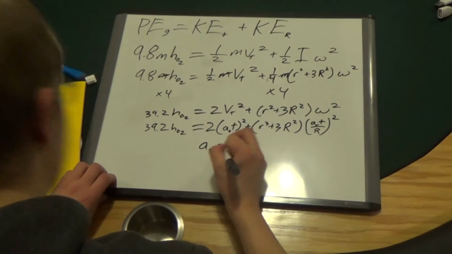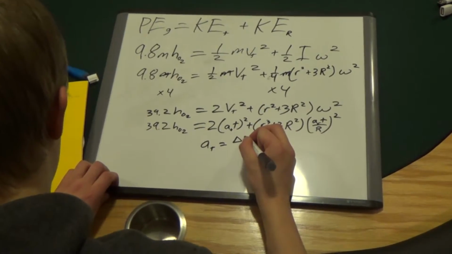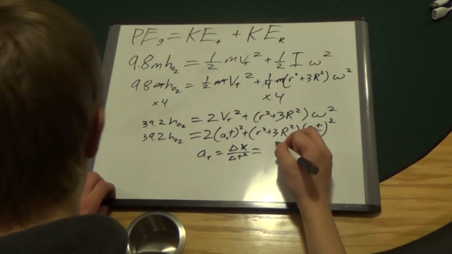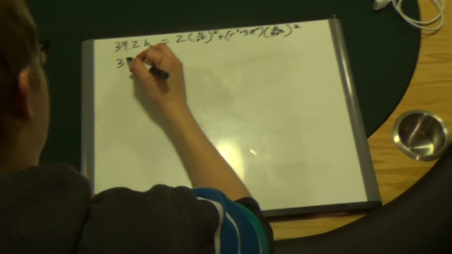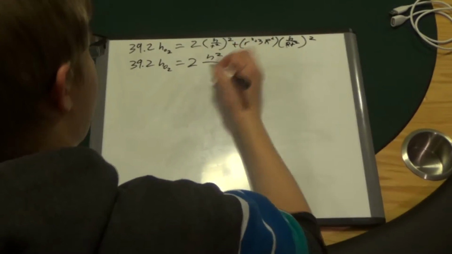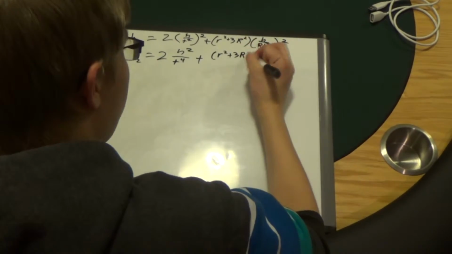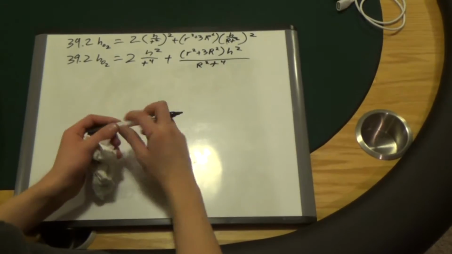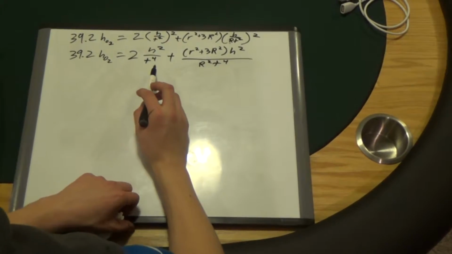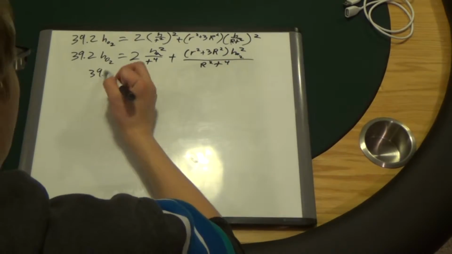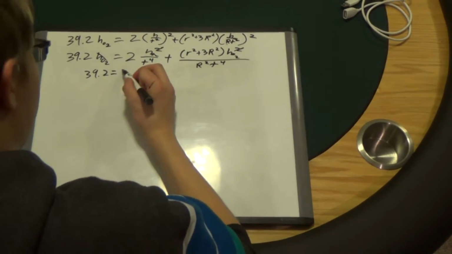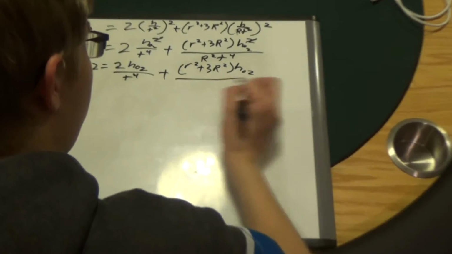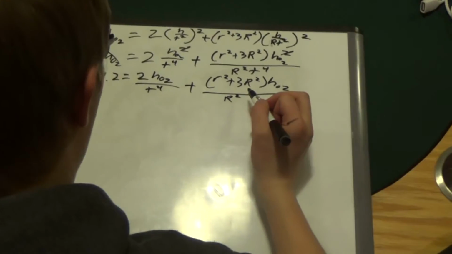Then I plugged in acceleration times time for linear velocity, and acceleration times time divided by the outer radius for angular velocity. At that point, it's just simplifying it down and solving for time.